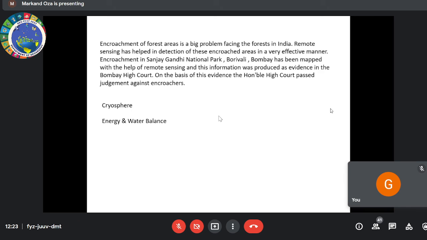What does snow do? Do you know? It's a high albedo, which means most of the energy is reflected, and that's why our place is habitable. Otherwise, there will be a significant rise in temperature, and it will be very difficult for us as well as other biotic things to survive for a long time.